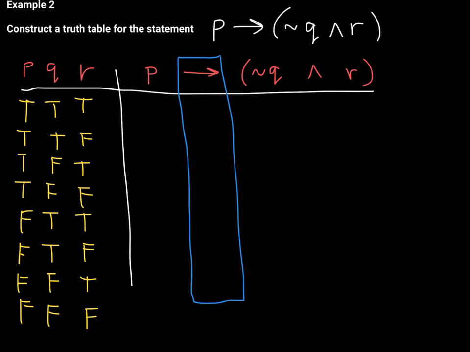Okay, folks, let's go for it. Let's fill in our table. Now, the first column should be really straightforward because it is all of your P values. It's these same exact P values. So just copy and paste those over. I went ahead and did that. The next column would be not Q. So all we're going to do is negate all of our Q values.